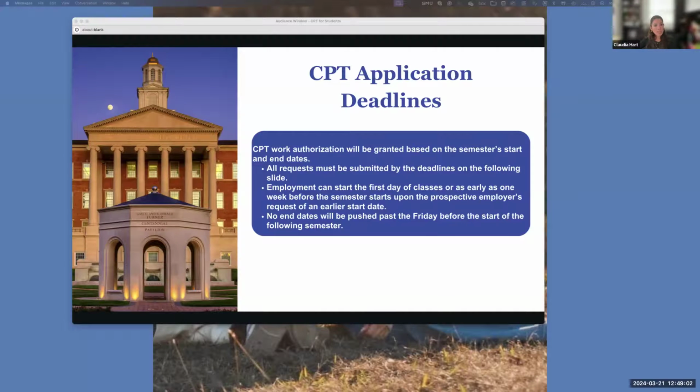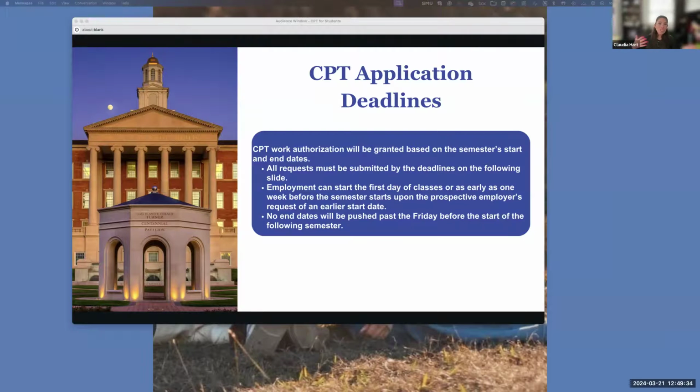So sometimes those deadlines are very much earlier than the first day of classes. If you're thinking of the summer, for instance, I think, and Angie or Ginger, correct me if I'm wrong, Lyle has a deadline of May 7, or something close to that, even though the semester doesn't start until the end of May or the first week of June, because they need that much time to process all of those applications on their end.